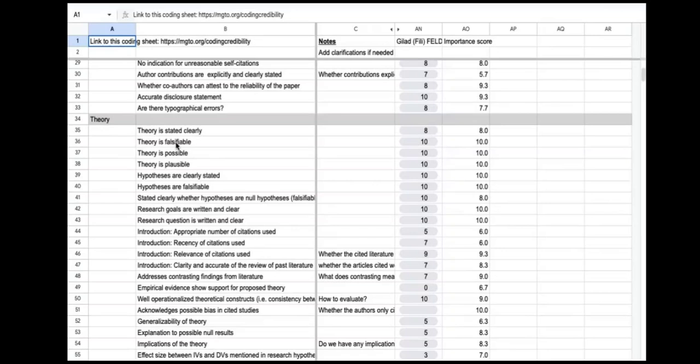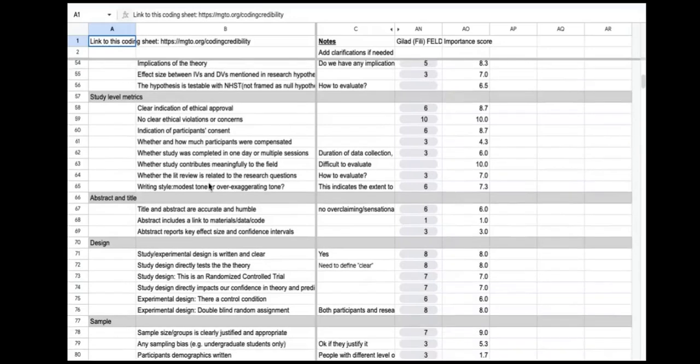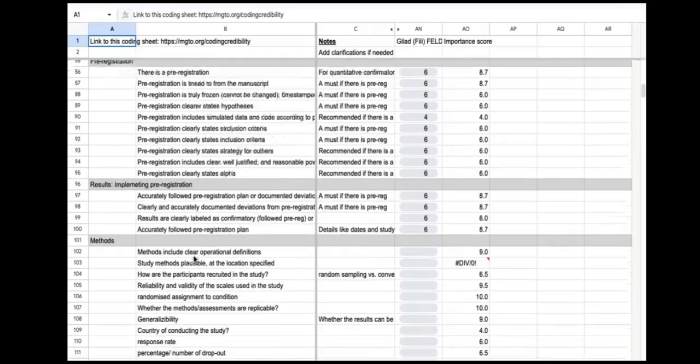So then that throws your entire paper out of scope. So you want to make sure that the theory they're postulating is testable and plausible. And usually we can understand this in terms of, for example, the hypotheses they state. In the study level metrics, we can think about ethics and whether the study, for example, contributes to the field, although this can be quite difficult to evaluate.